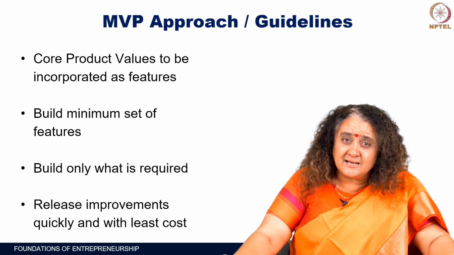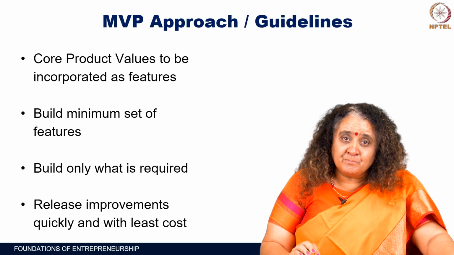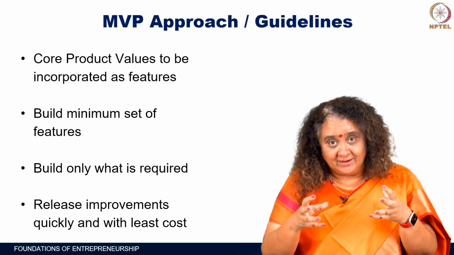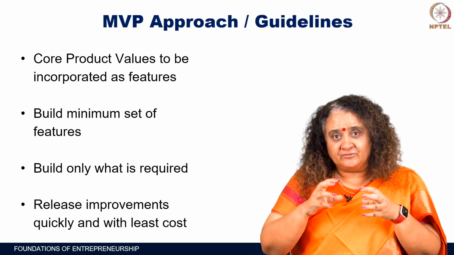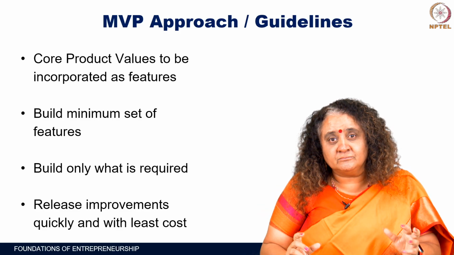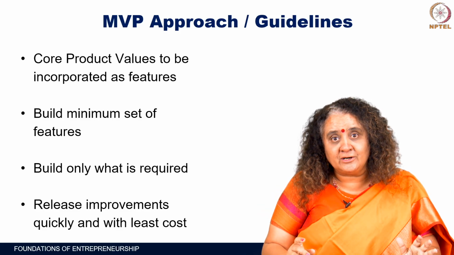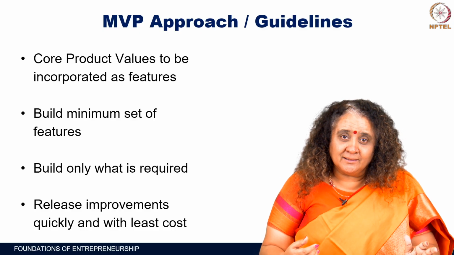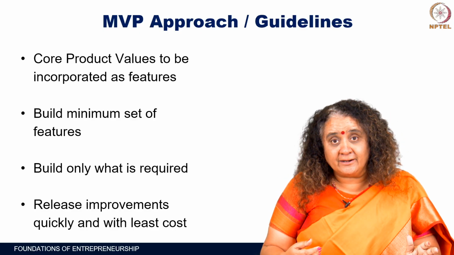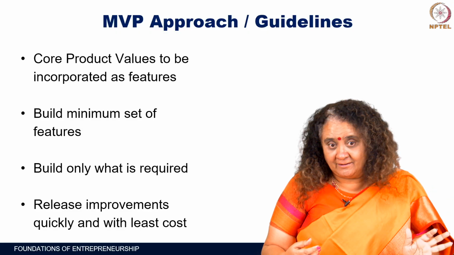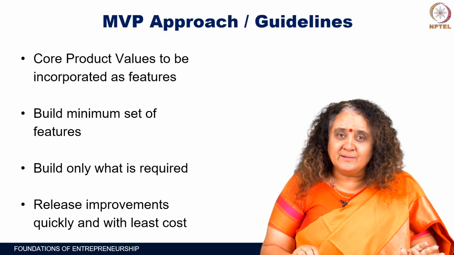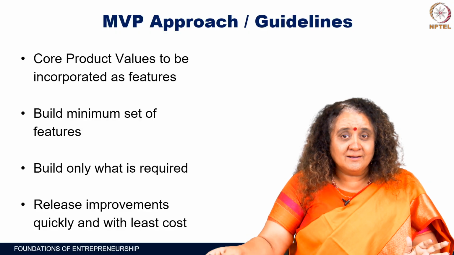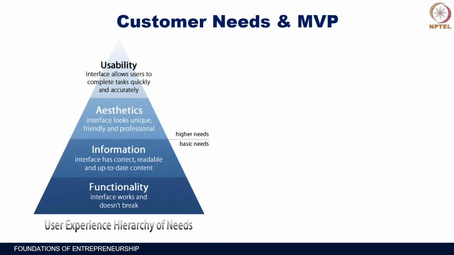So, products increasingly are becoming digital in nature. They are hardware, there is a physical product, but the physical product has a topping of a software layer or an app layer, and that is a dynamic product and can be modified all the time and over the air. So, releasing improvements quickly and with least cost, that is why an MVP is so important.